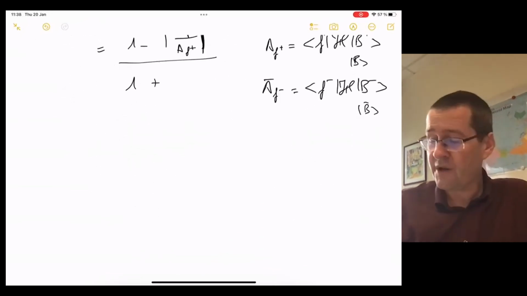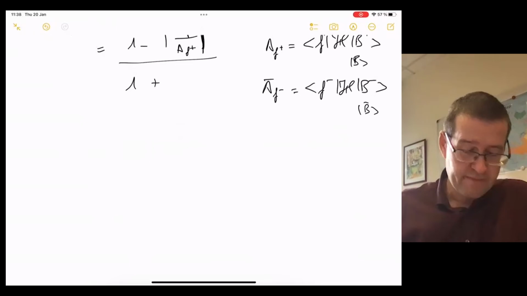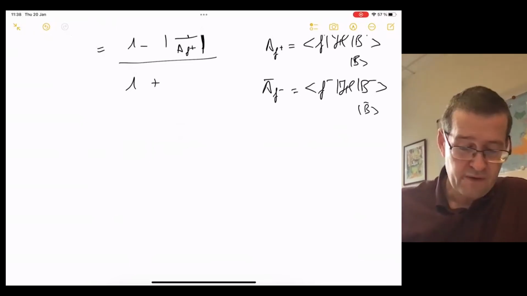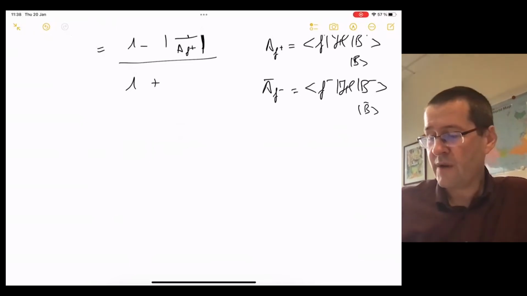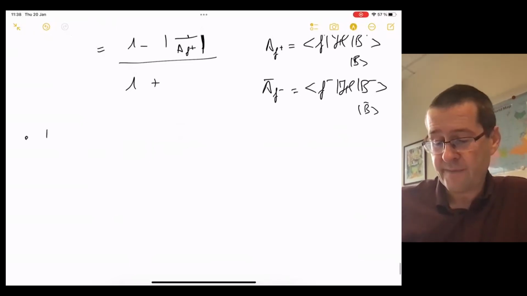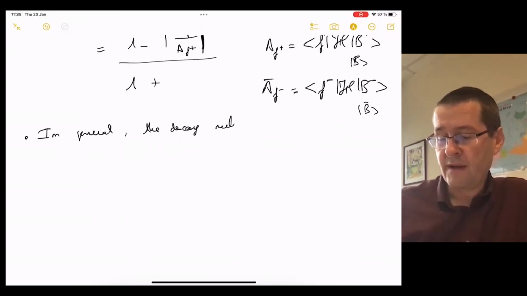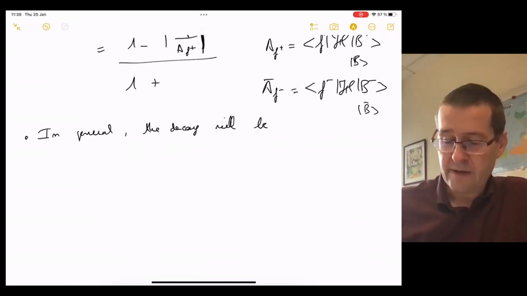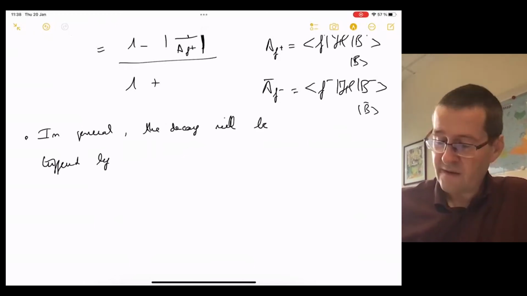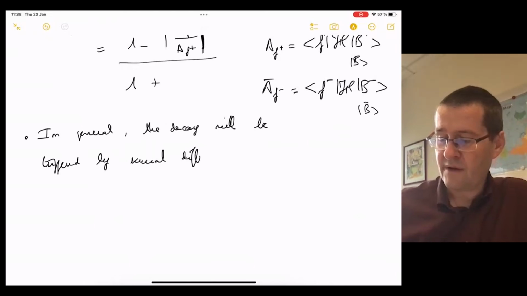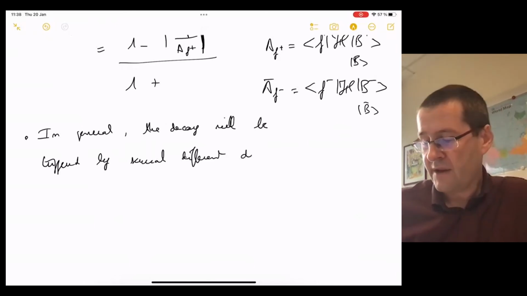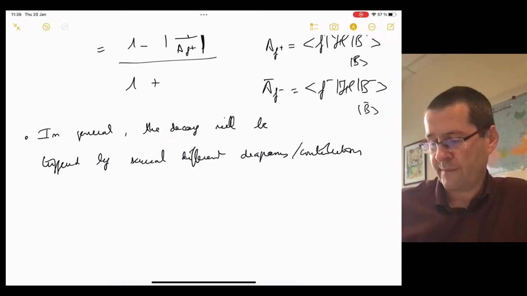So now the question is whether we can say a bit more. The idea is just to say that in general, what we expect is that the decay will be triggered by several different diagrams or contributions.